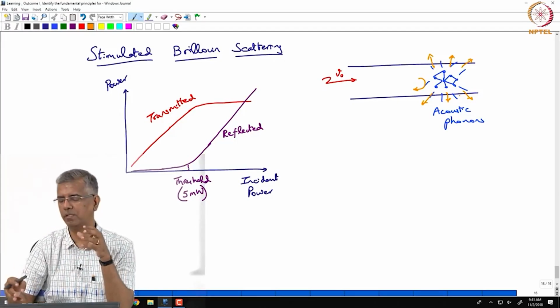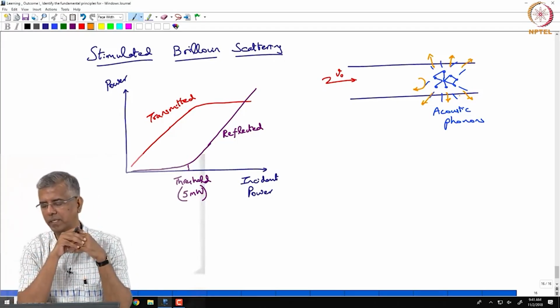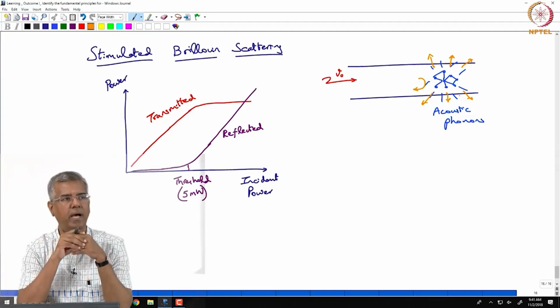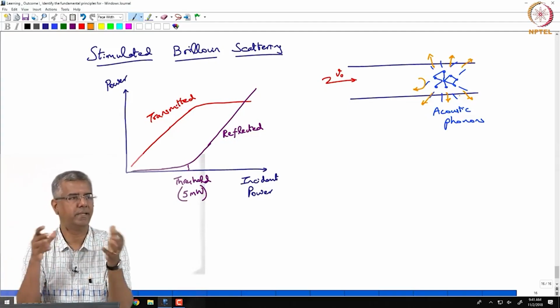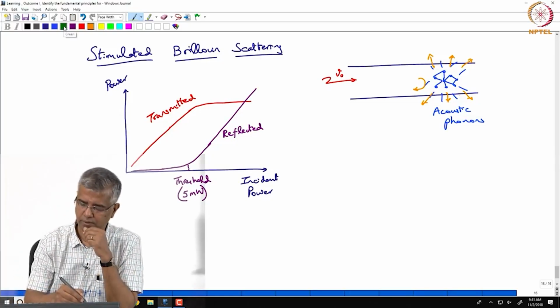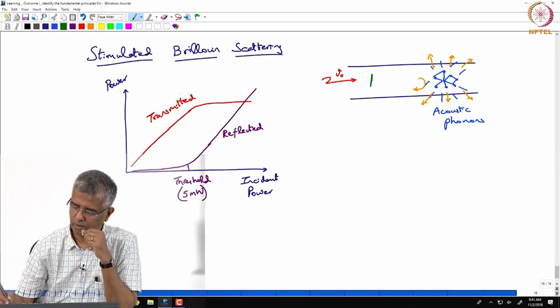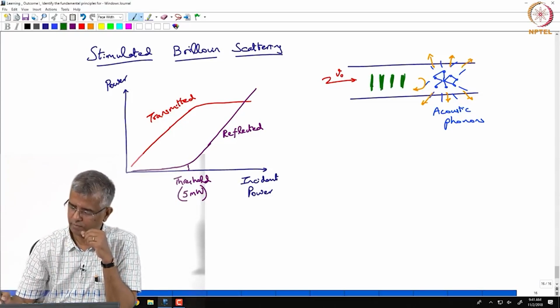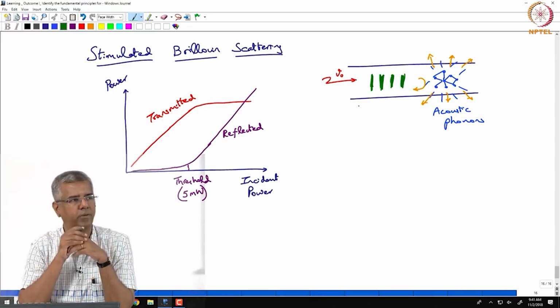So the fields of the incident light and the back reflected light interact with each other and they actually generate a periodic change in the refractive index.